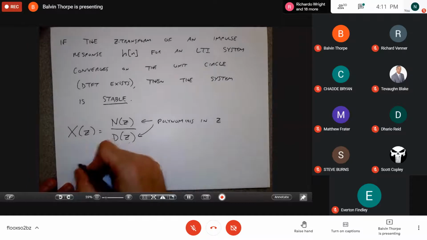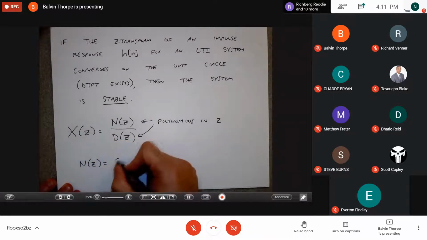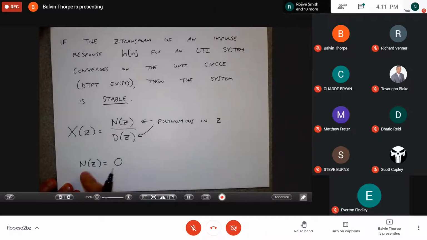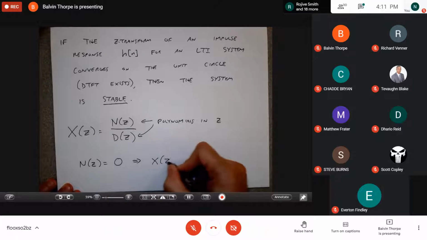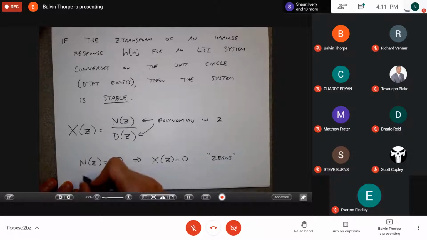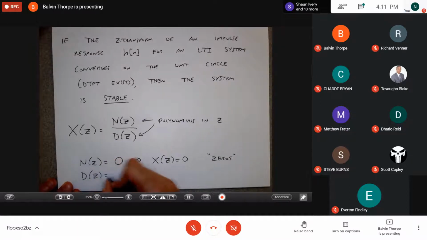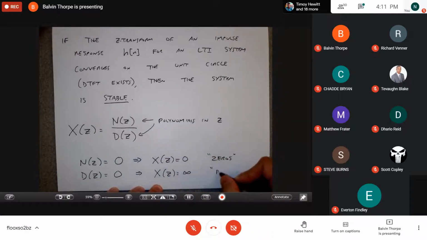And so there are kind of two interesting things, right? One is that when the numerator is 0, that means that the Z transform is 0, and these are naturally called zeros of the transfer function. And when the denominator is 0, that means that this thing blows up to infinity, and we call these poles.